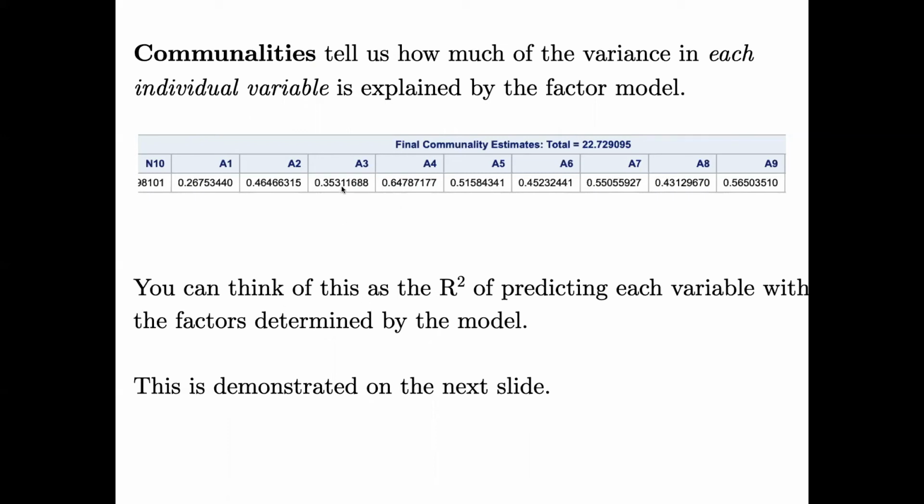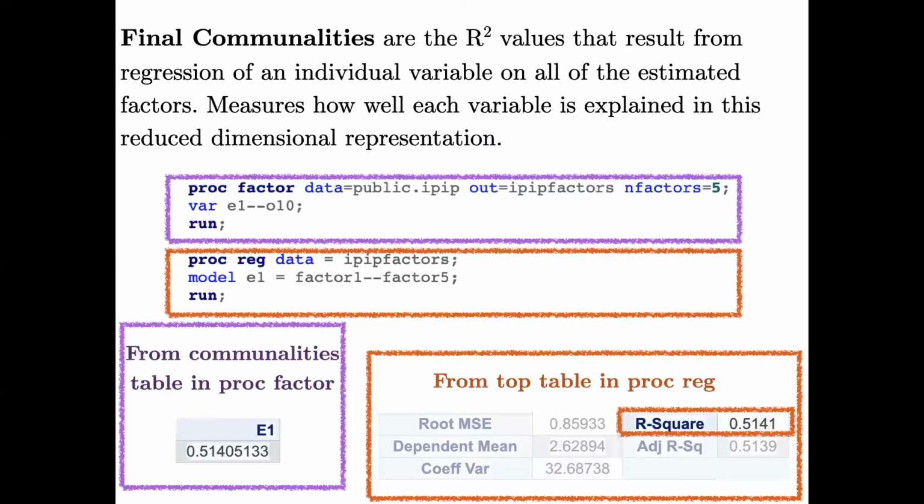Now, you can actually think of this as the R-squared of predicting each variable by the factors determined by the model. So I can demonstrate this on the next slide here. If I actually output those factors into an output data set, I specify 5 factors, I can get the communality from that table.